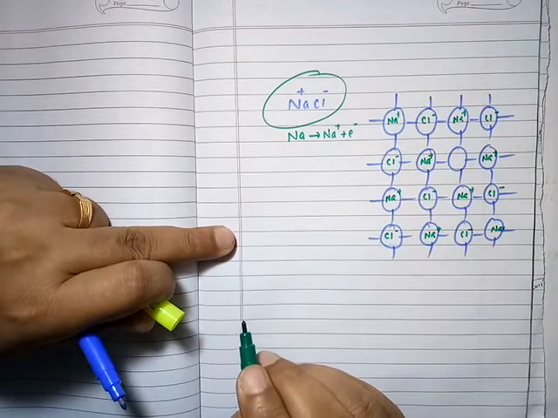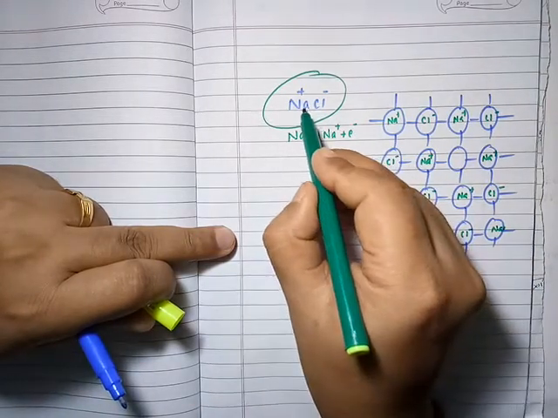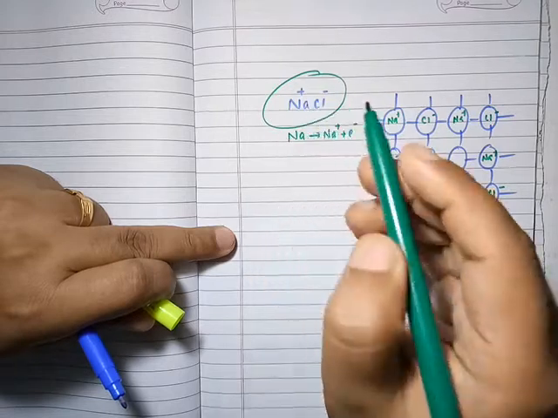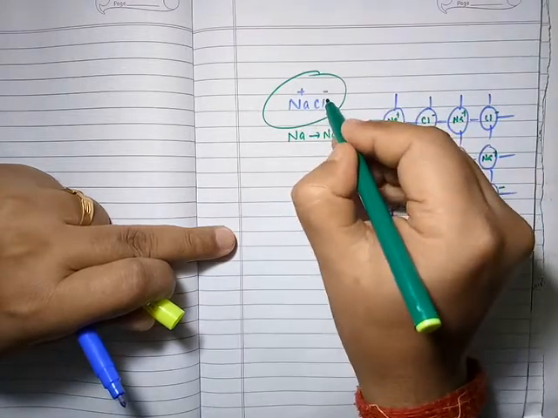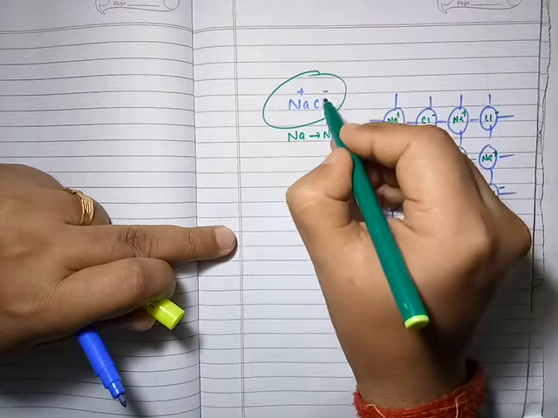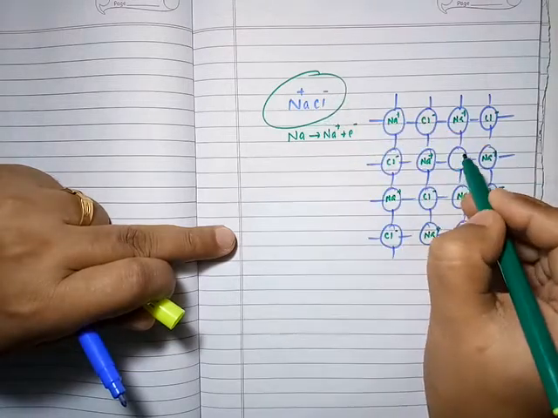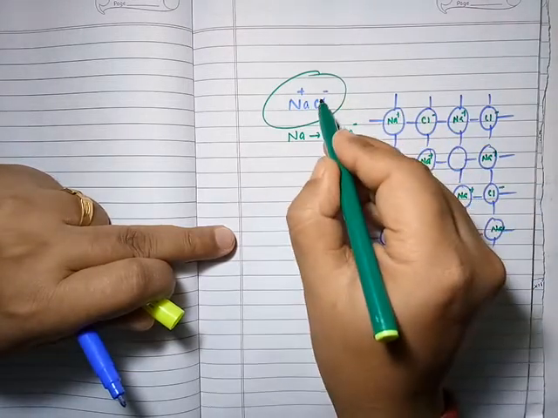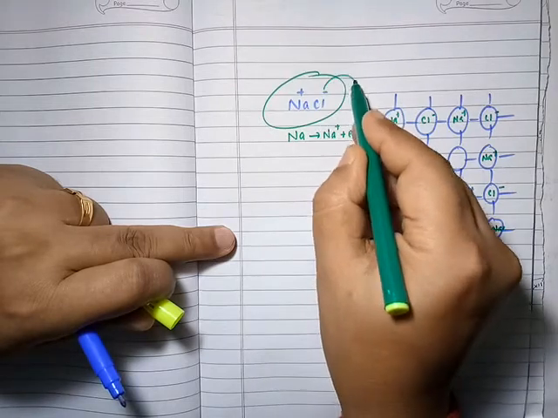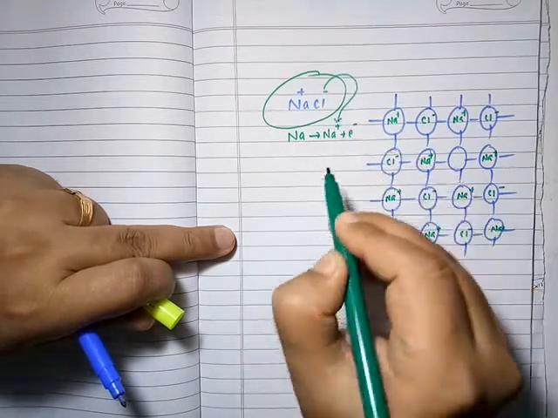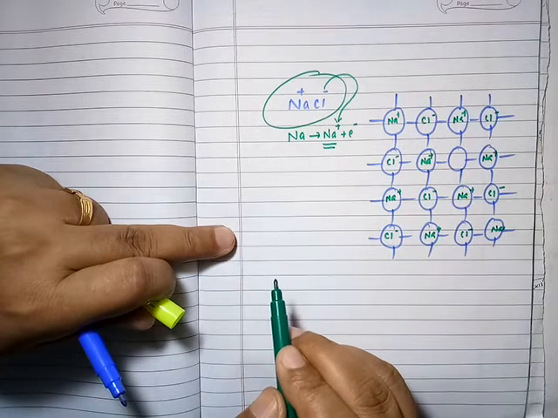So when we heat this NaCl, this Cl minus ion, the chloride radical, moves from its position and goes to the surface of the solid to interact with the Na plus ion.